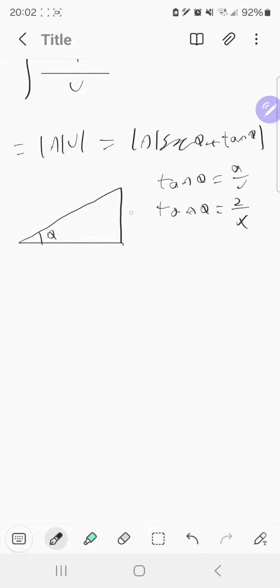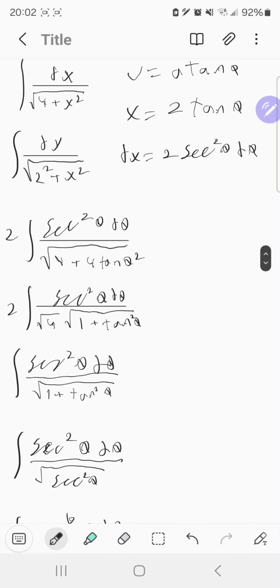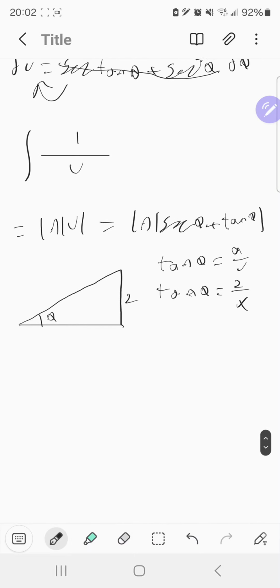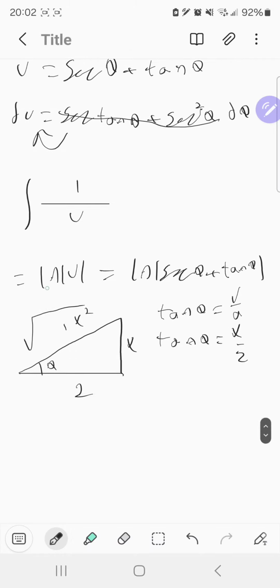Tangent is opposite over adjacent, so our opposite term would be x, our adjacent term would be 2. The hypotenuse would be the square root of 2 squared plus x squared, or 4 plus x squared.